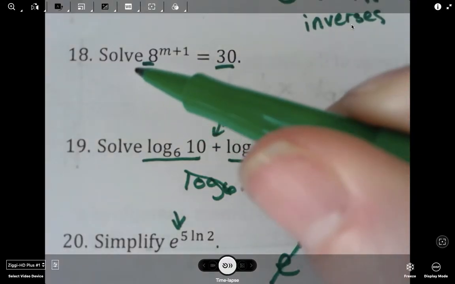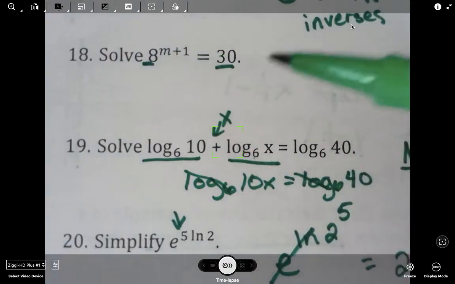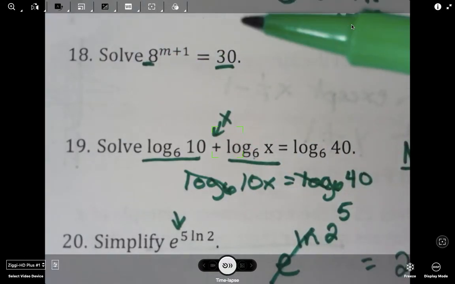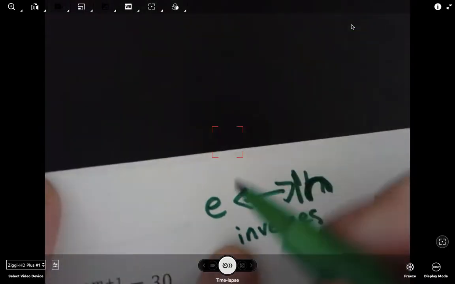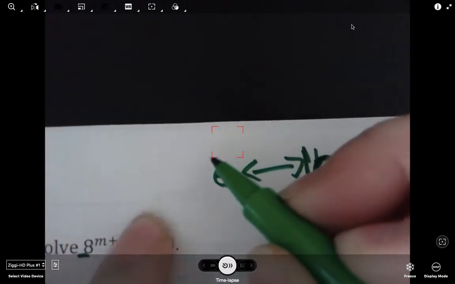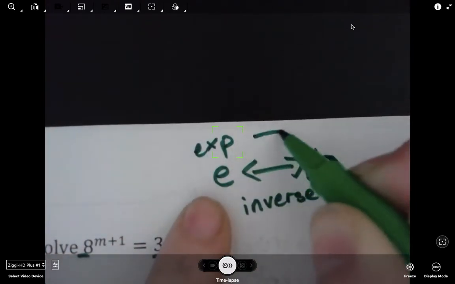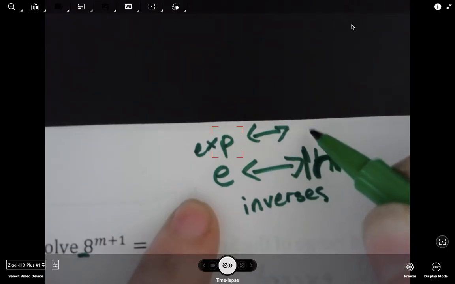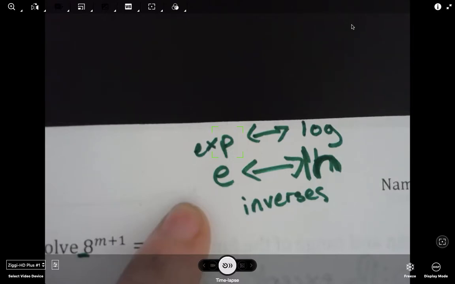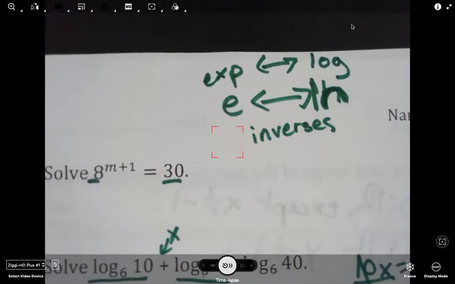Both of these are exponential functions. How do you get rid of an exponent? e's and ln's are inverses of each other. What's the inverse of an exponent? A log. We log both sides, right?